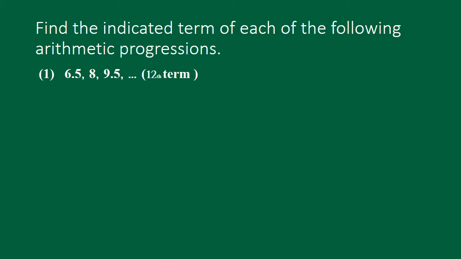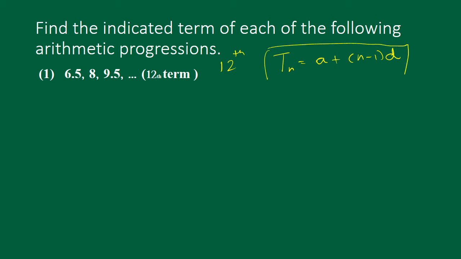So here you have to find out the 12th term. So you can use the direct formula, tn is a plus n minus 1 into d. I think you should do it step by step, so that you can get some marks, right? Even if you make a mistake in the second step, you will get the marks for the previous one if you follow the steps correctly. So here you can find the 12th term using this formula.